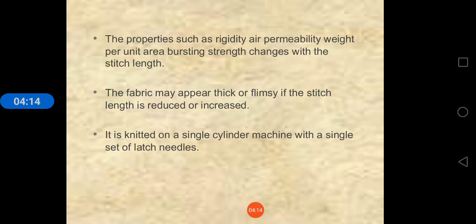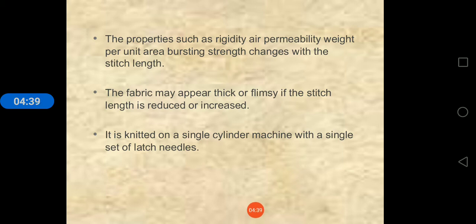Properties such as rigidity, air permeability, weight per unit area and bursting strength change with the stitch length. The fabric may appear thick or flimsy if the stitch length is reduced or increased.